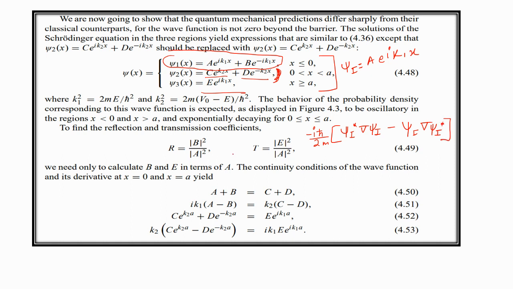When you solve it, you will get S naught equals k1 h cross upon m times A square.